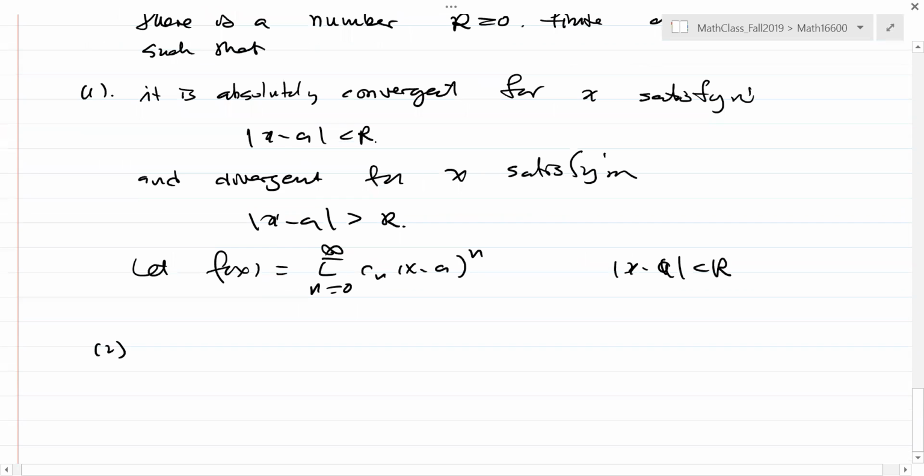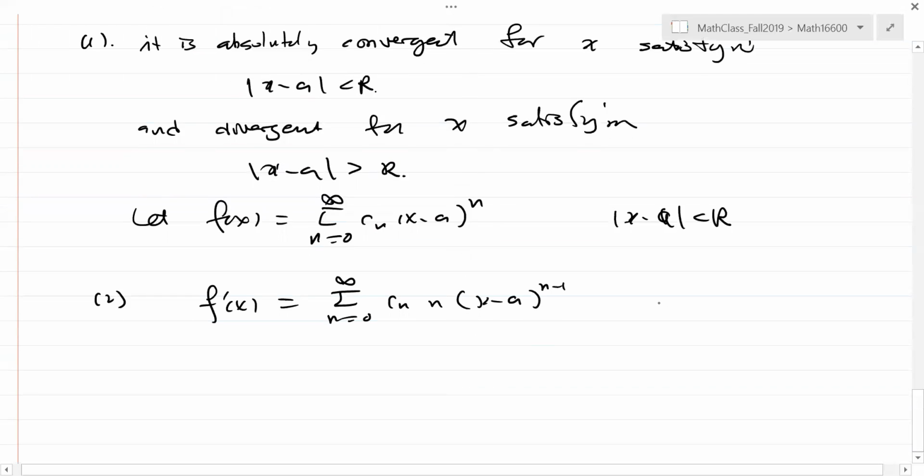Second, we find out this function you define is always differentiable. Not only differentiable, but the derivative can be obtained by differentiating the series term by term. This is still true for |x - a| < r.